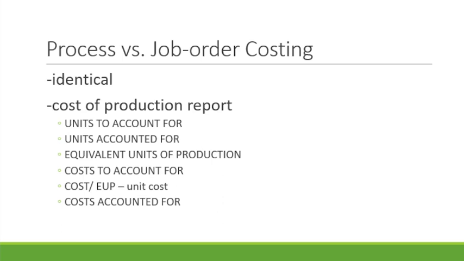Ina-add po yan dito. This is essentially the reason why hindi na natin ina-add dito sa cost per EUP yung items ng WIP beginning dahil i-add mo na siya dito buong buo, 20,800 and 27,600.